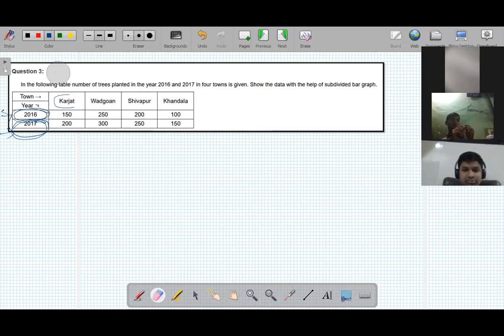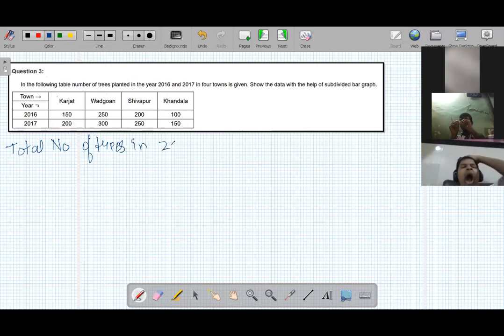Okay, so now we'll do the graph. Before that, find out the total number of trees in 2016. 700. Correct.